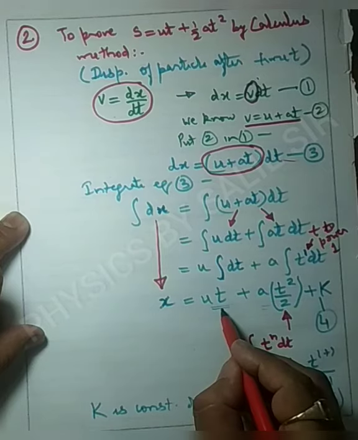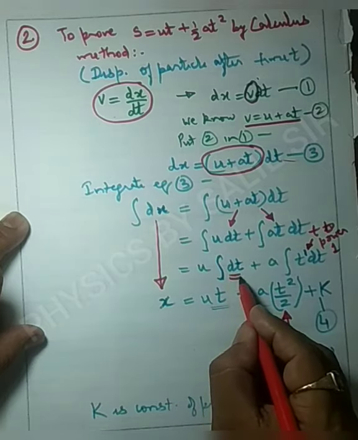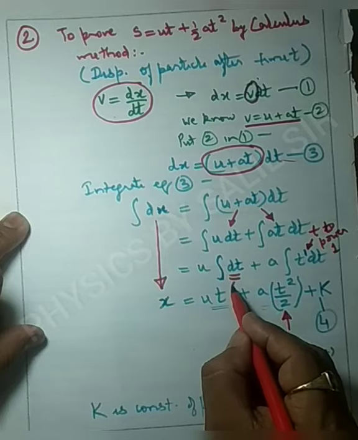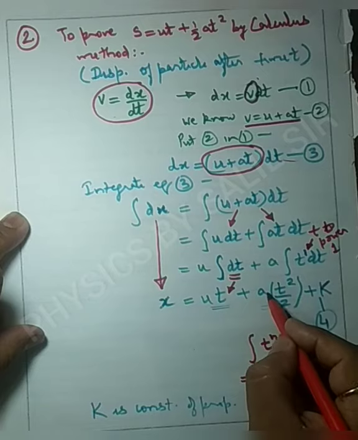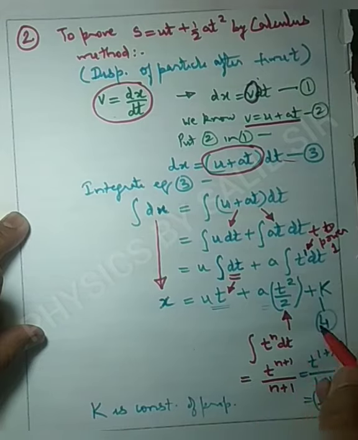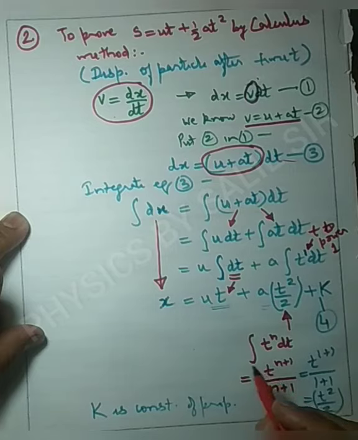So on the right hand side, the small time dt, after integration, in place of this we can write t. a is constant, and according to the integration rule, as I explained, t to power n dt under the integral sign: finally, if we want to remove this integral sign, then 1 should be added to the power.